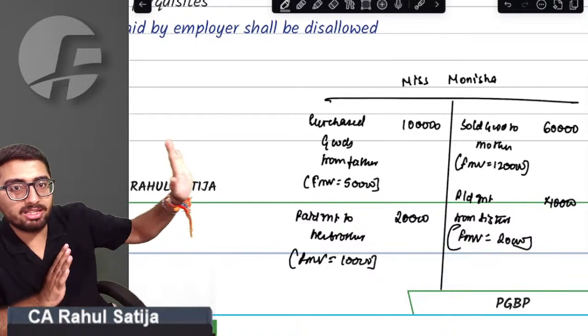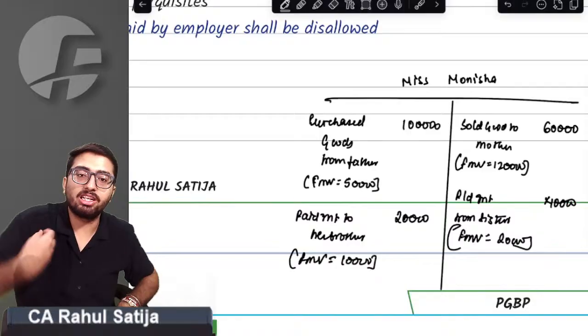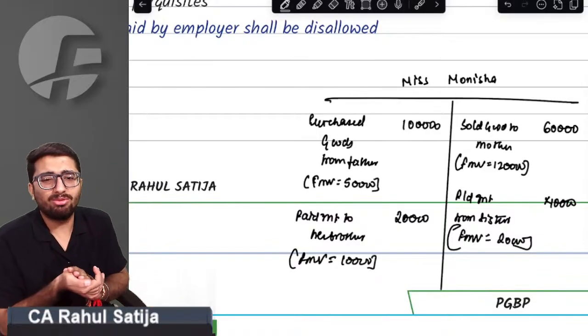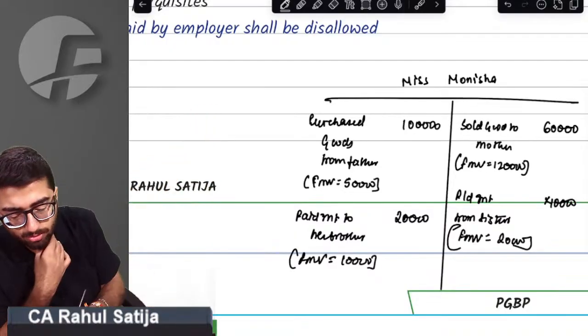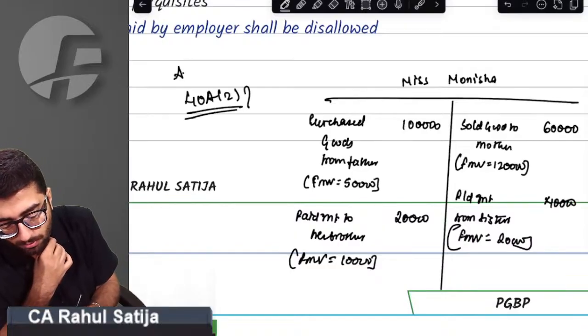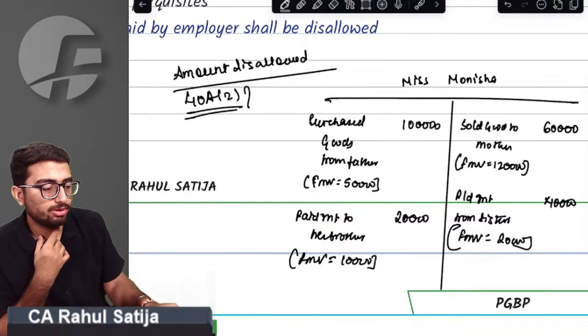While doing purchases, she is intentionally paying a higher sum. While doing sales, she is intentionally charging a lesser sum. What do I do in this case? Sir, what will be the amount disallowed by the AO under section 48? So this is my question.